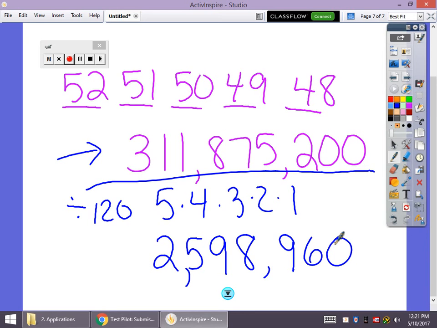There's 5 slots, so 5 factorial will handle all the duplicates. 5 factorial is 120, so we took the 311 million, divided it by 120, and got 2 million. Can someone tell me why there's so many fewer combinations than permutations? Because the duplicates are eliminated.